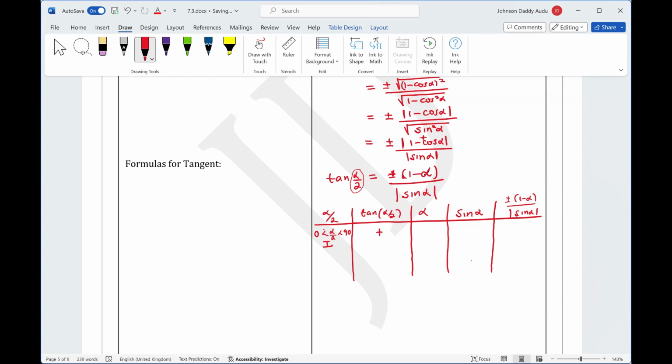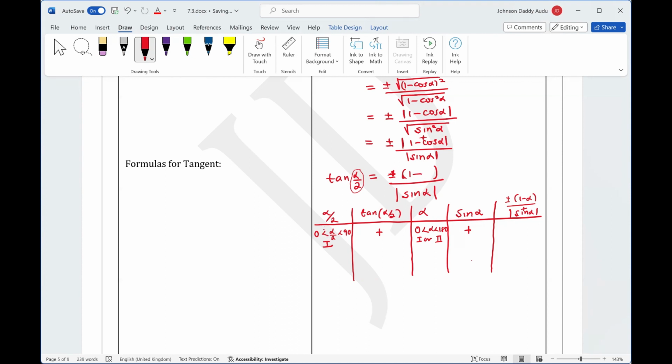Alpha itself is going to be between 0 and 180, right? And that means you are either in the first or in the second quadrant. So if alpha is in the first or second quadrant, we know that sine is also positive. So if sine is positive, it means that the absolute value of sine is going to be positive. So this is going to be positive, right? So if this is positive, then what are we left with?